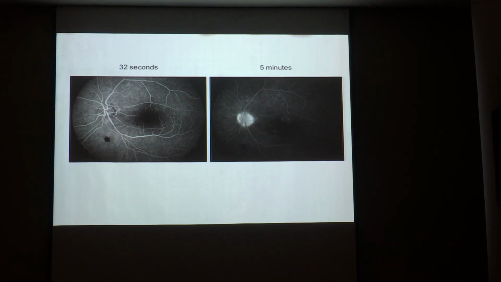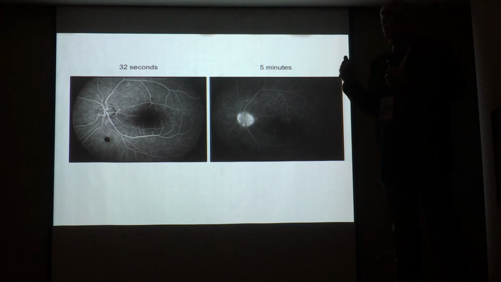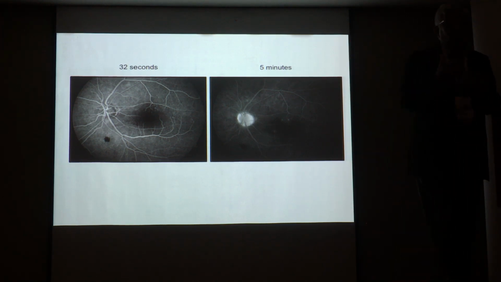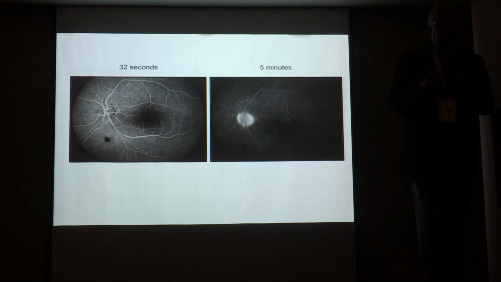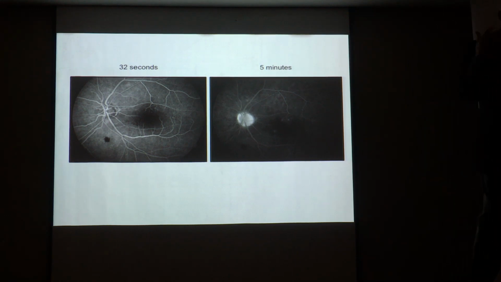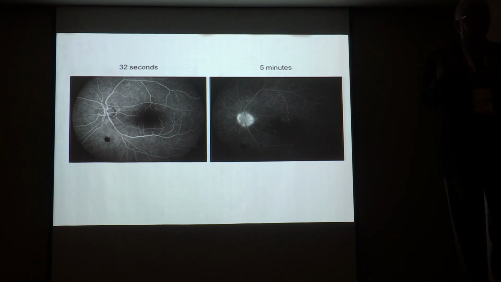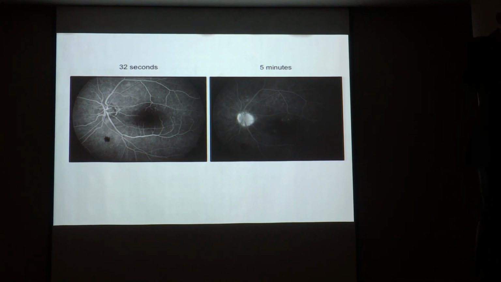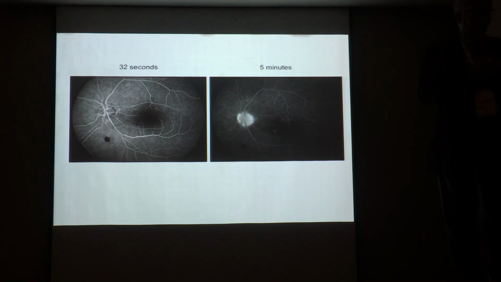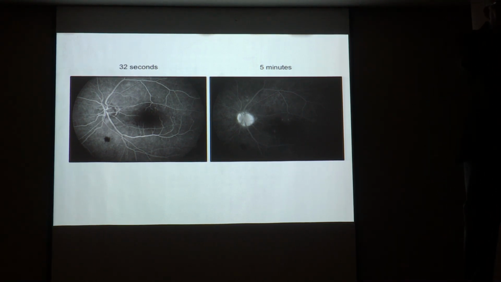Do you know any technique by which we can now, without injecting any dye, study the capillary network of the retina? OCTA. So how is it better than fluorescein angiography? Yes.